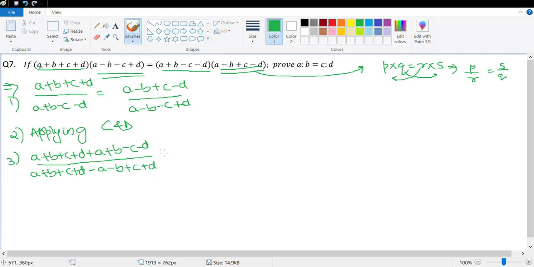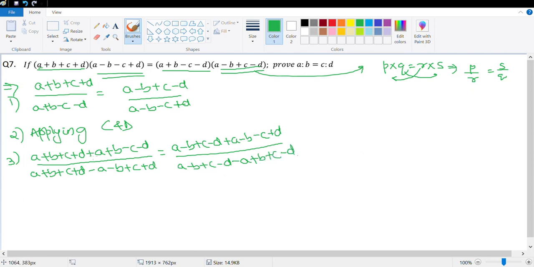Perfect. Exactly the same for the right hand side, which is a − b + c − d plus a − b − c + d, and in the denominator a − b + c − d, and since I'm subtracting, the sign of all the elements in the denominator will change. So minus a plus b plus c minus d.